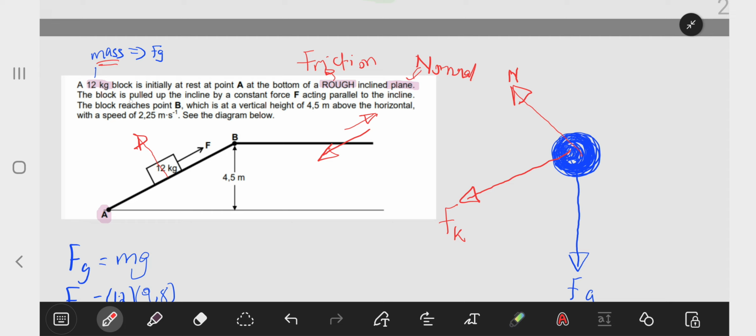It is pulled up by a constant force. This constant force is an applied force actually. So we can see on that object that we have an applied force of F, which is acting parallel to the incline. Parallel to the incline is actually in that direction.